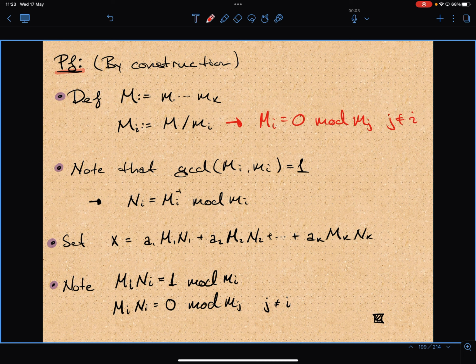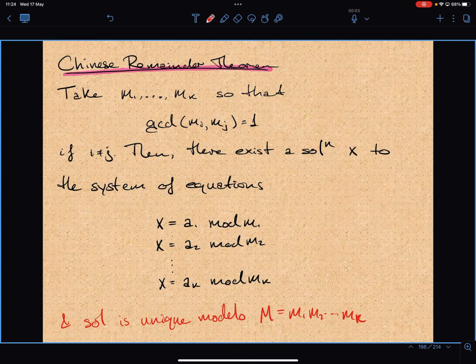And so we're going to have 0 times something is equal to 0. We can just check every i, and if we check, for instance, mod m2, then this is going to be 0, this is going to be equal to 1, and then the rest are going to be equal to 0. And so what you have is that x is equal to ai mod mi, which is the system of equations that we're trying to solve.